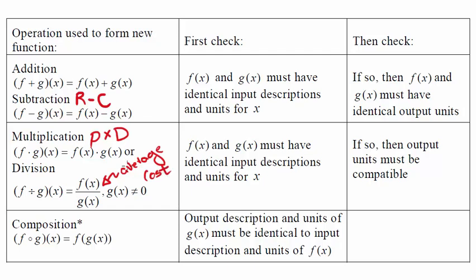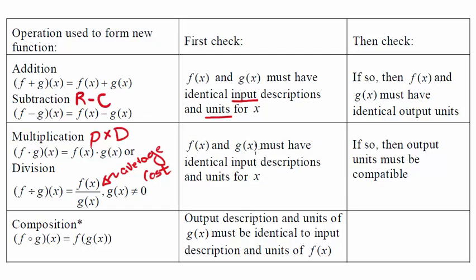When we're trying to choose which operation to do here, we should pay attention to our units. To add or subtract functions, my input units must be the same. It wouldn't make sense to add two functions if the input of one was dollars and the input of the other one was years.